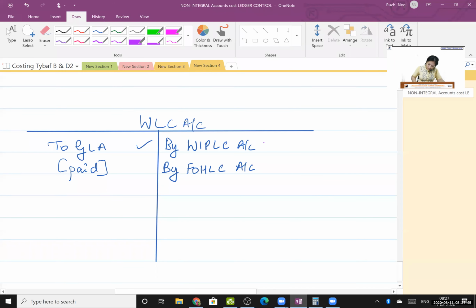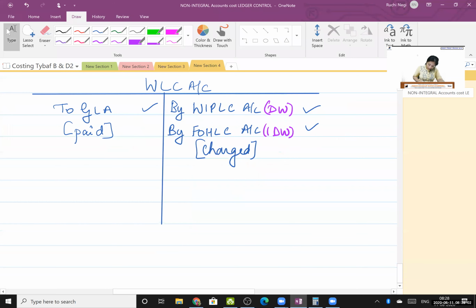So this is direct wages charged and this is indirect wages. So this is the charge entry or allocation. Right? Then when you close the ledger, you will get the recovery entry.